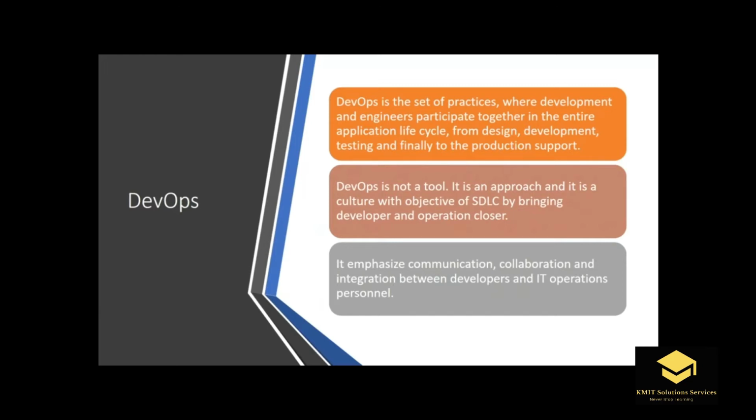DevOps is not a tool, it is an approach. It is a culture with the objective of improving the SDLC by bringing developers and operations closer. It emphasizes communication, collaboration, and integration between the developers and IT operations.